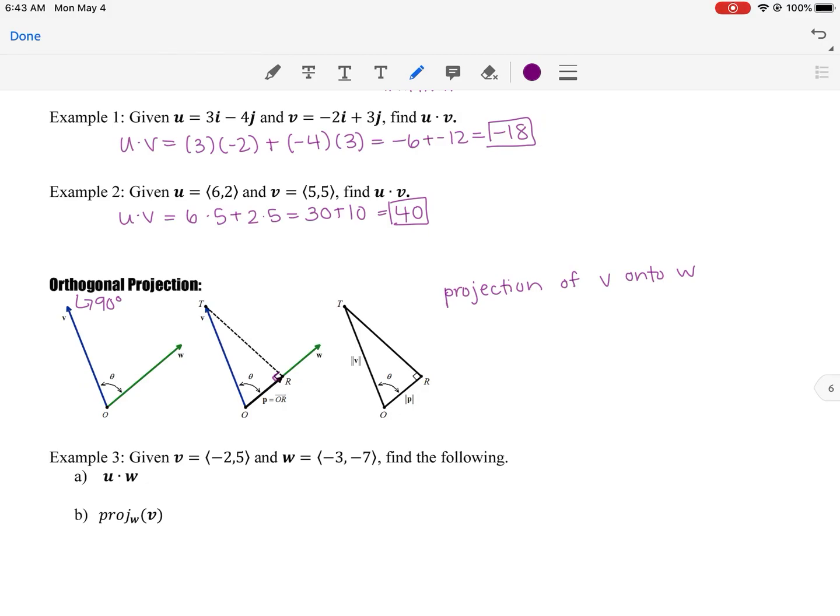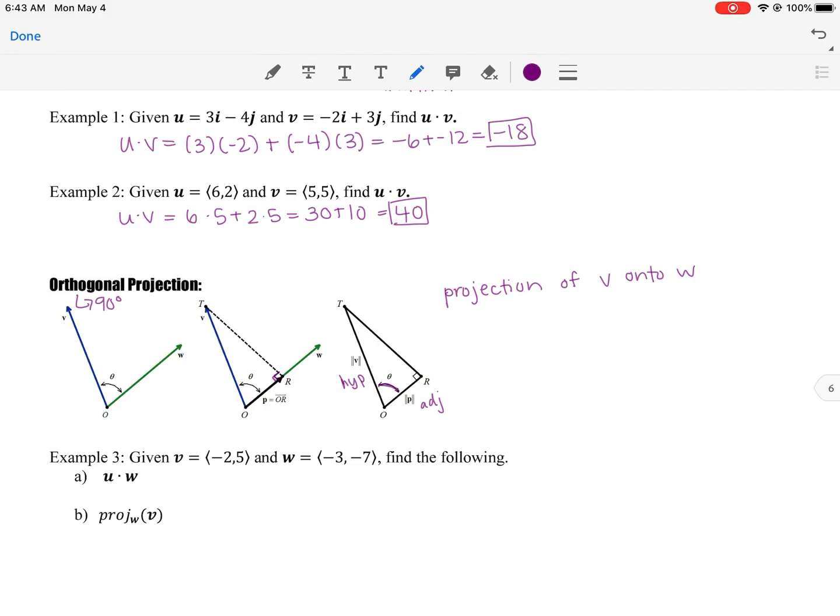Okay, so let's think about what we know. That last triangle is super helpful for us, because it gives us that right angle. In this triangle, if this is our theta, the hypotenuse is the magnitude of vector v, and the adjacent side is p.